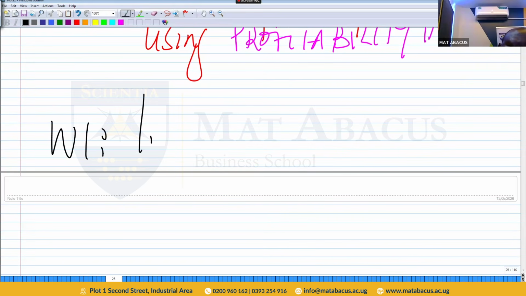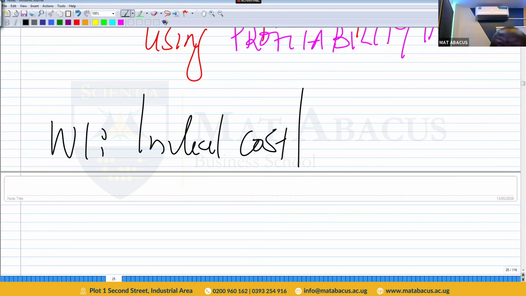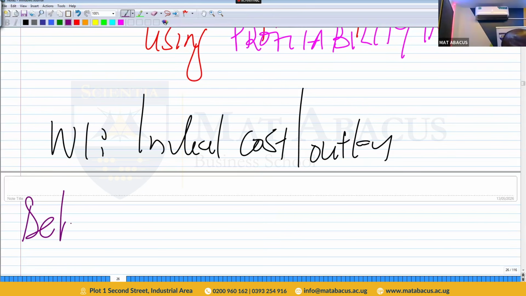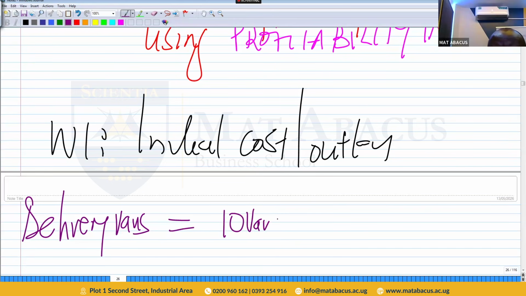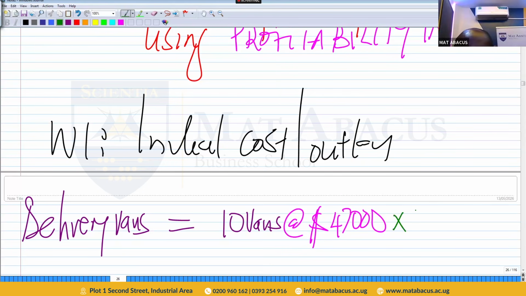They are talking about delivery vans. These delivery vans, they are 10 vans, each at $47. But a dollar is being quoted at shillings 3,700.